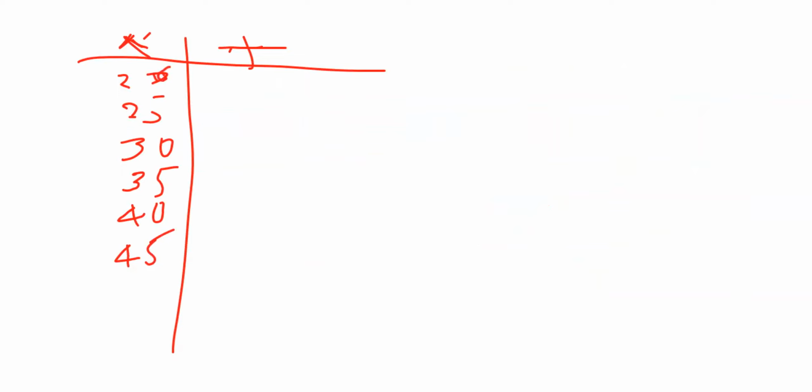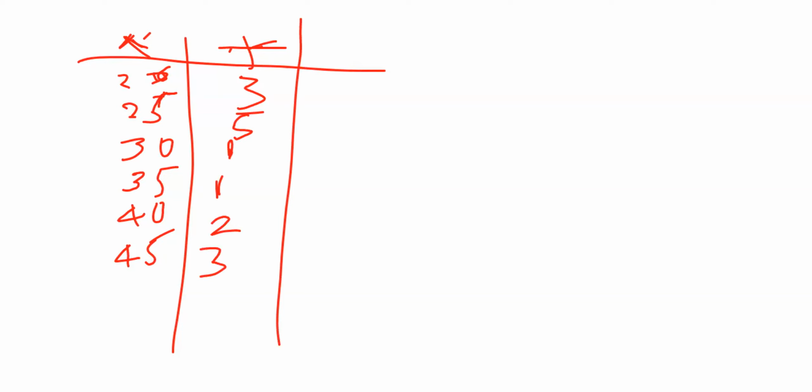Our 20 is 3, 25 is 5, 1, 1, 2, 3. In this case, we assume what we like. Like I told you, when the number is very large, it's advisable you take the mid-value. But anyone you decide to take, 20, 25, 30, 35, 40, 45, you'll get the same answer. Anyone you like, assume and redo it, you'll get the same.